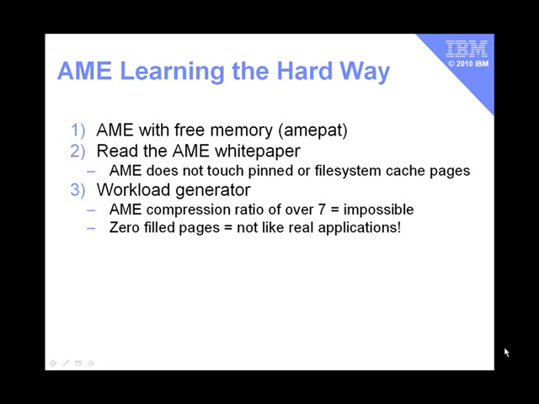We've been doing that for 30 years. It meant that all of the pages inside my program were completely full of zeros. And of course, when you compress a complete page of zeros, you only need a few bytes to compress it into. And that's not really like an application, is it? So my workload generator wasn't producing something like a real-world application.